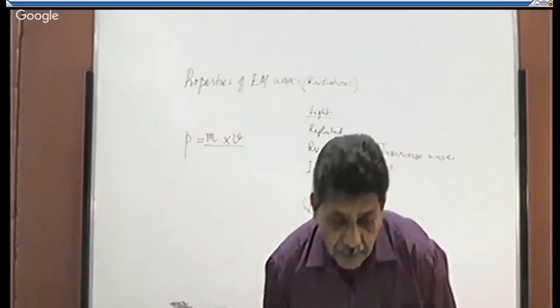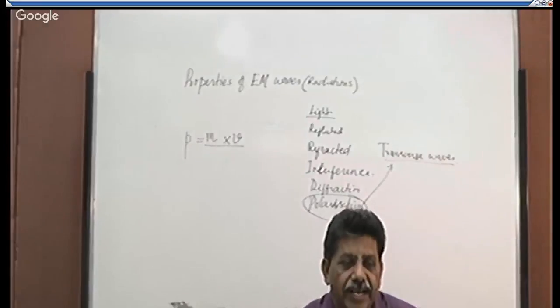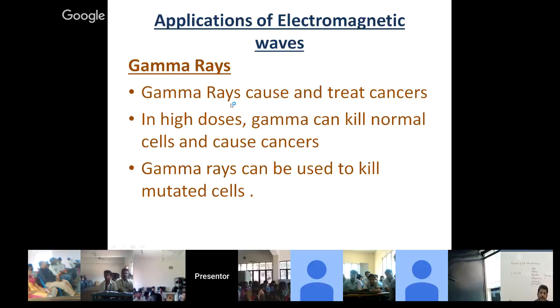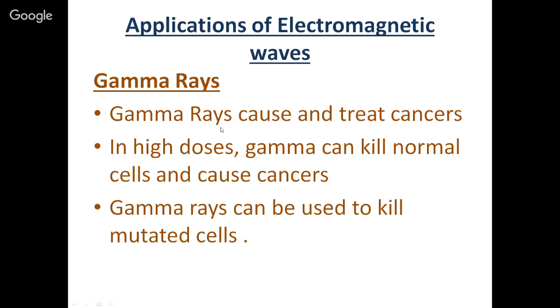Now, coming to some of the applications of electromagnetic radiations. Each radiation has got its own application. Number one, gamma rays are used in treatment of cancer. That is, in high doses, very large amount of intense radiation is made incident on a body. Gamma rays can kill normal cells and cause cancer.